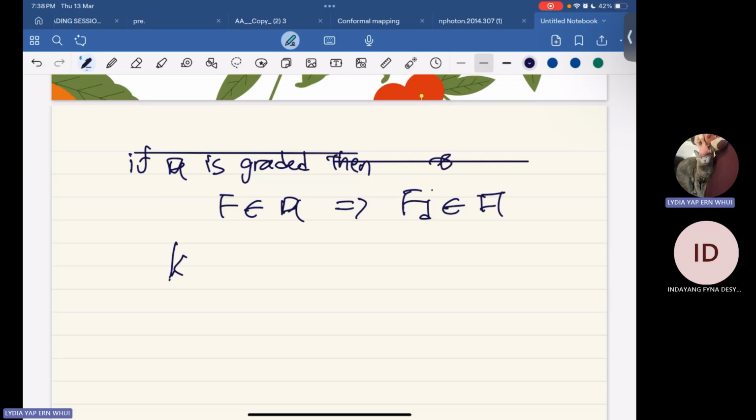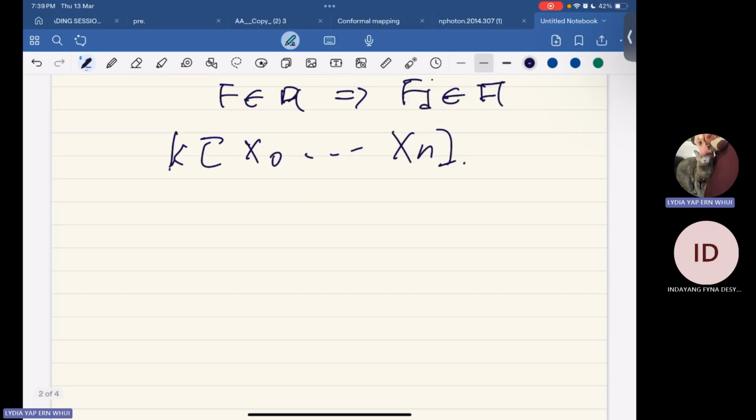All right. Last section we only defined this in the polynomial ring, which is k[x0, ..., xn]. We only defined the graded ideal in this ring, but actually we can generalize it to some other rings.